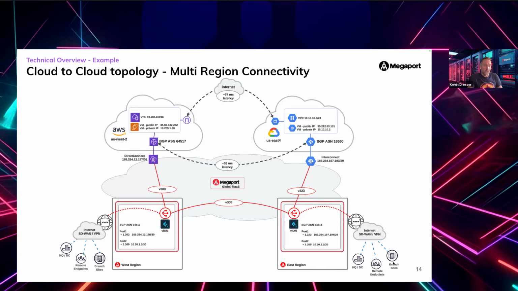Ketan, feel free to jump in here, but we're showing the VIONs on the Megaport side. Think of those as a virtual data center where you could have a bunch of physical branch sites on the East Coast and others on the West Coast. So from an overall WAN topology, this is where you're leveraging the Megaport backbone for that end-to-end connectivity. Yes.